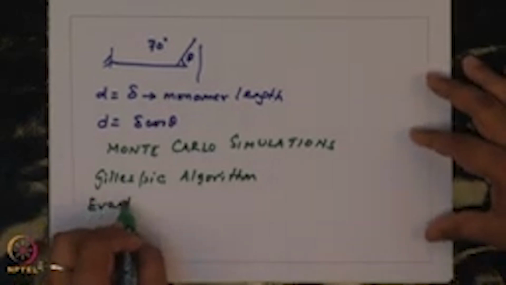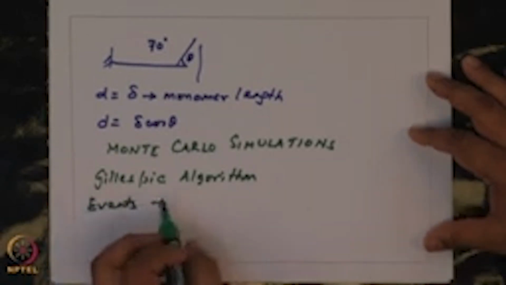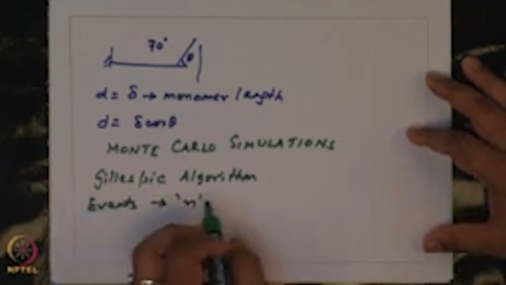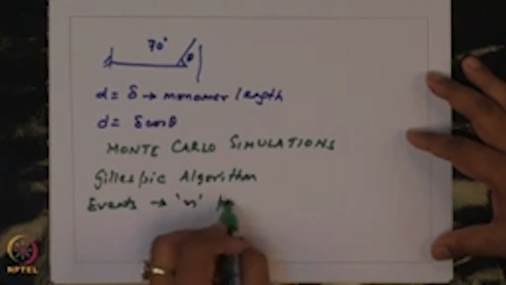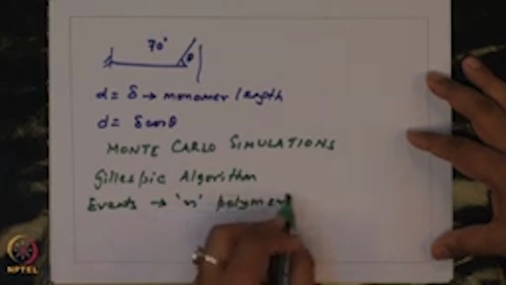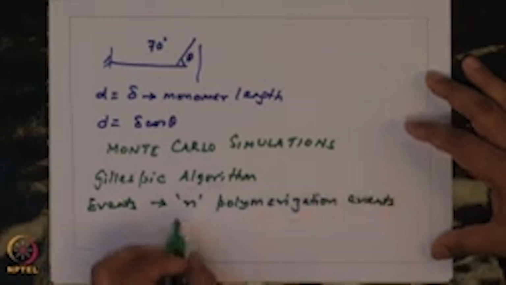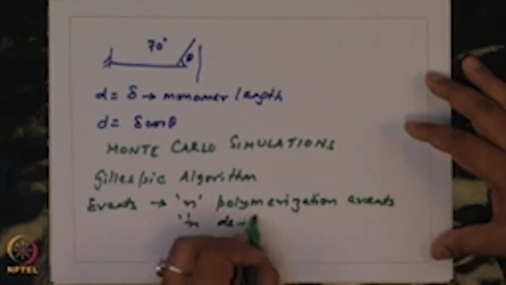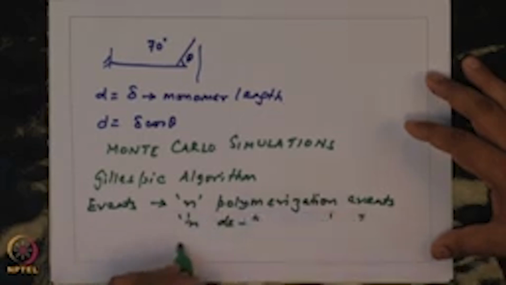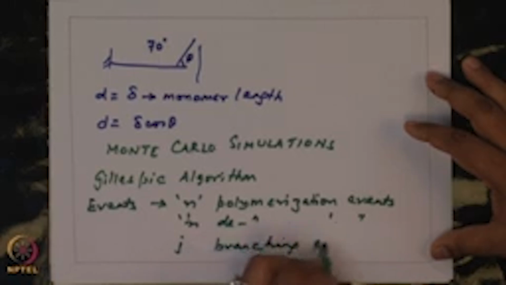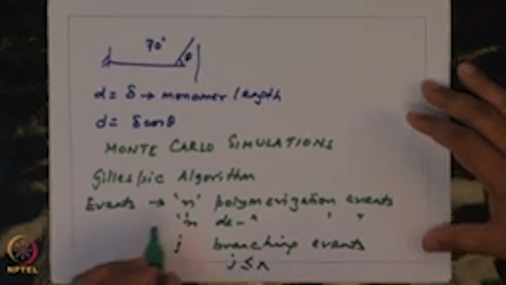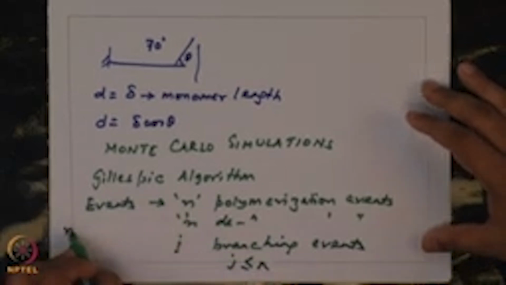You have total number of events as n polymerization events, n depolymerization events, and j branching events, where j is less than or equal to n, where n is the number of filaments.